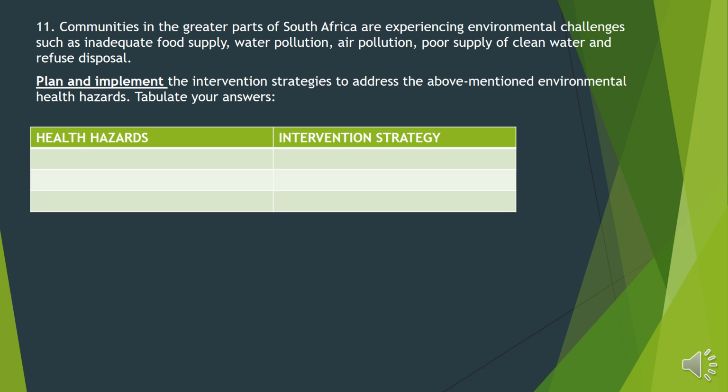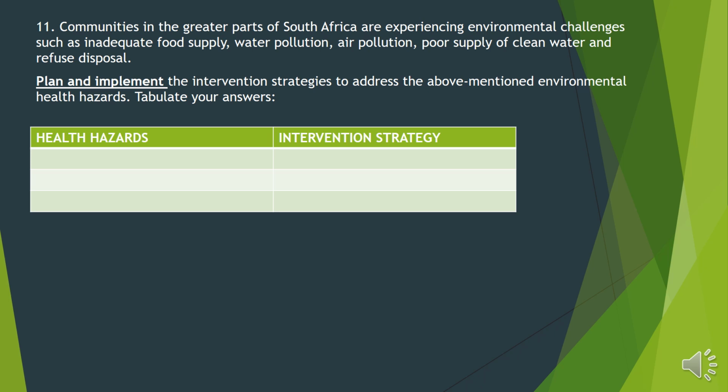Okay, another outcome is knowing the process of the environmental health study. So these are the steps on how to conduct an environmental health study. And we've already spoken about the first step, which is the assessment of the determinants of health.